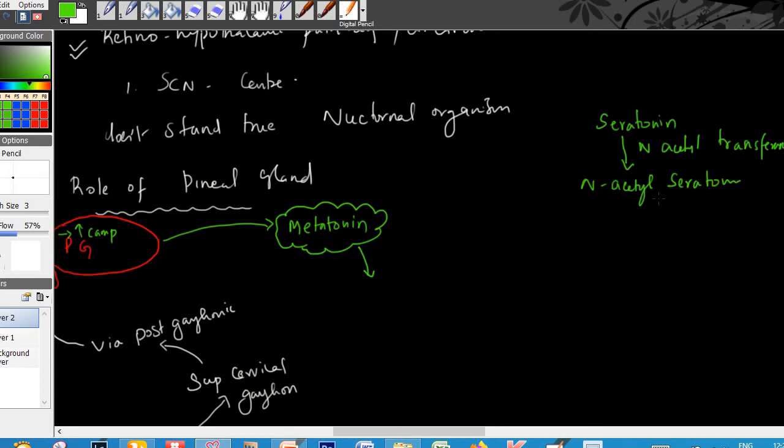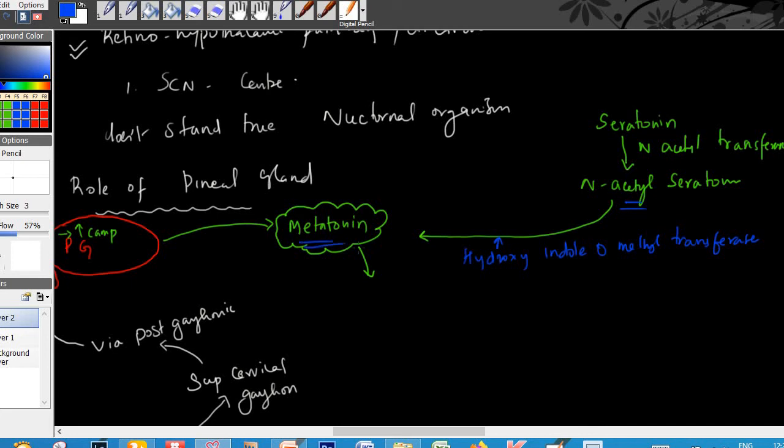Now this N-acetyl serotonin is going to get converted into melatonin by the help of the enzyme hydroxyindole O-methyl transferase. This enzyme acts here and converts the N-acetyl serotonin into melatonin.